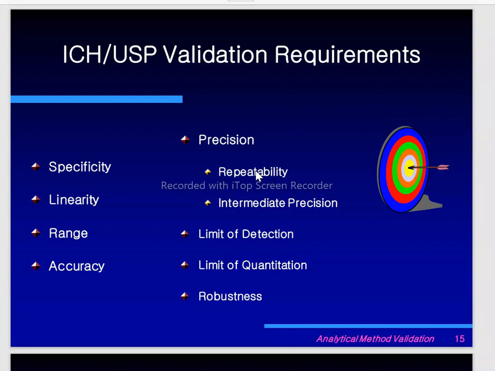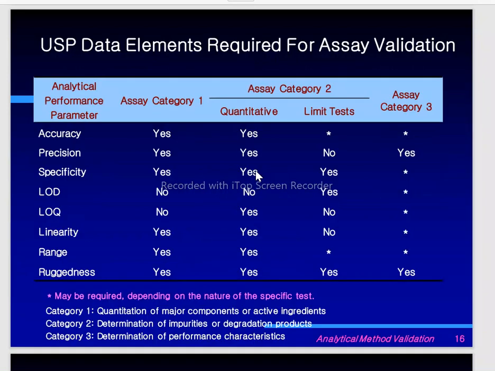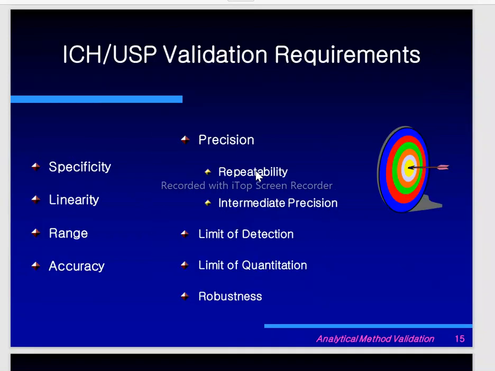The first one is specificity, linearity, range, accuracy, precision. In precision you have to perform repeatability and intermediate precision, then limit of detection, limit of quantification, and robustness. So that's enough. It is the first part of the analytical method validation.